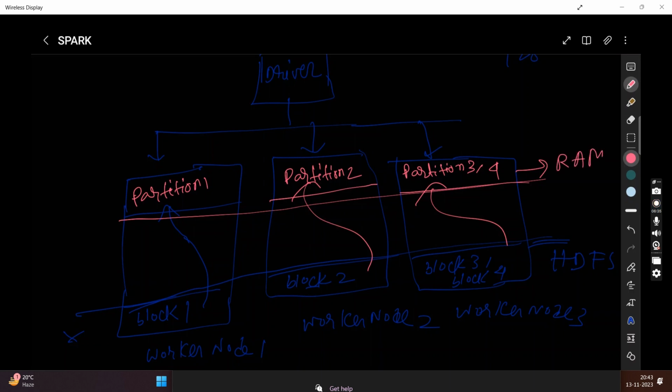And that's actually what happens in Spark. When you are using Spark, these blocks load into our RAM as partitions and form our RDD.